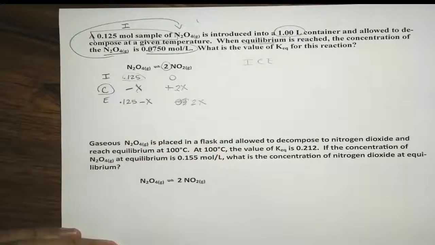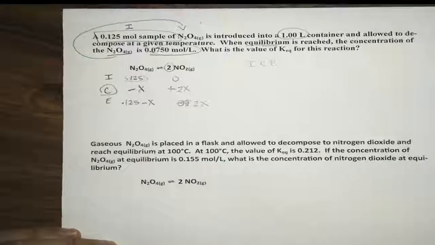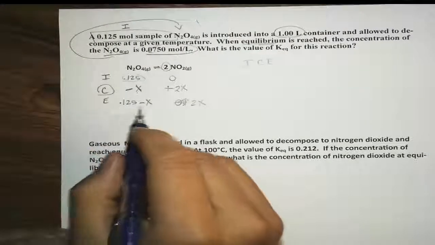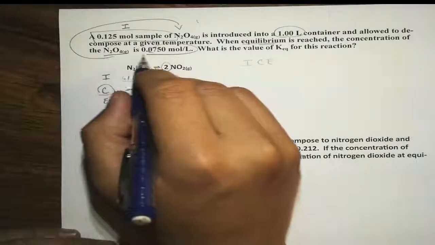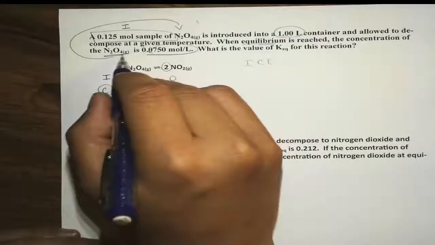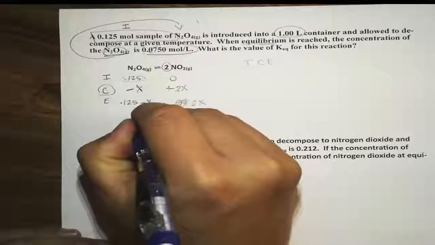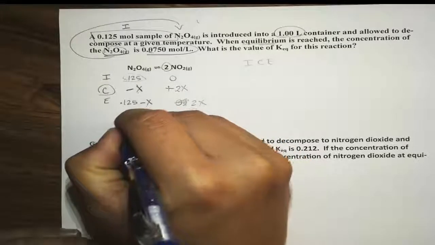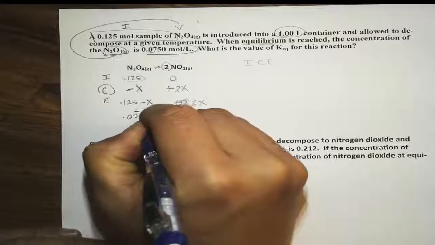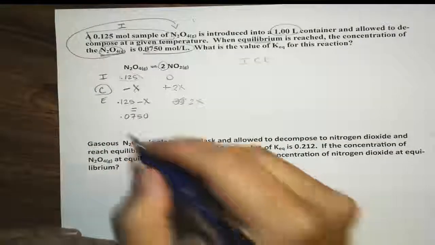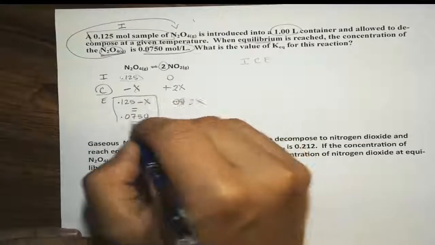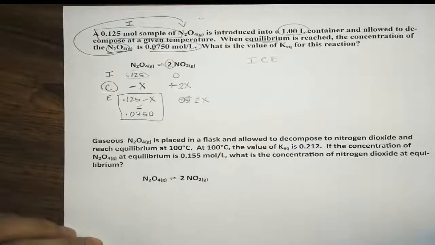Now I told you before, there's always something given to you about equilibrium. In this case, it told us that at equilibrium, this concentration is equal to 0.0750. So we can express this in terms of an algebra equation.